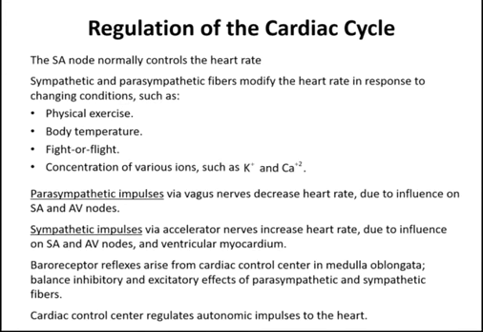So the baroreceptors report to a cardiac control center in your medulla oblongata, and it's going to balance both inhibitory and excitatory influence of the parasympathetic and the sympathetic fibers to make sure you maintain the blood pressure at the appropriate level for the given condition. So the baroreceptors are going to report and give us a reflex to maintain the set point that we want. So the cardiac control center regulates the autonomic impulses to the heart, what information is going to the heart to modify and influence the heartbeat.